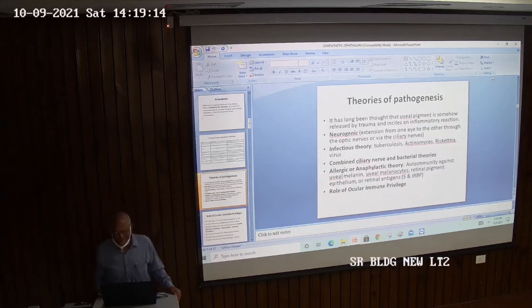Neurogenic extension from one eye to the other through the optic nerve is thought of, but there is no evidence for this. Infective theory: tuberculosis, actinomyces, rickettsia; they think it can be infective also. Allergic or anaphylactic theory: autoimmunity against the uveal melanocytes and the retinal pigment epithelium or retinal antigens.